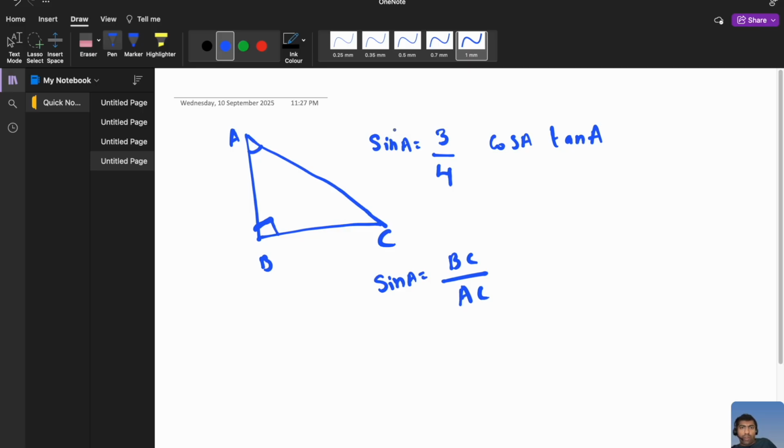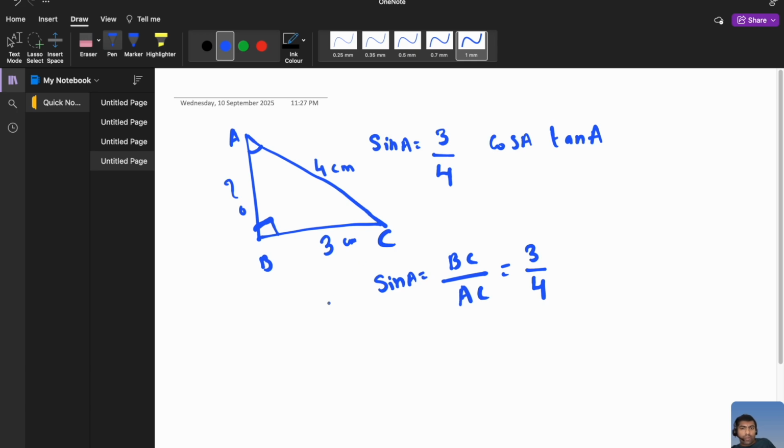So if he has given sine A is equal to 3 by 4, it implies BC is equal to 3 centimeters and AC is equal to 4 centimeters. Now we need to find out AB.